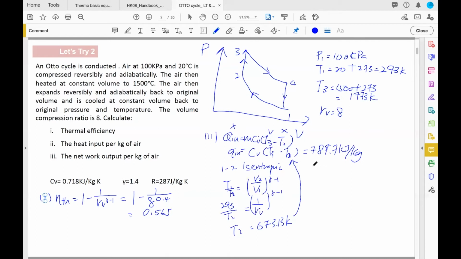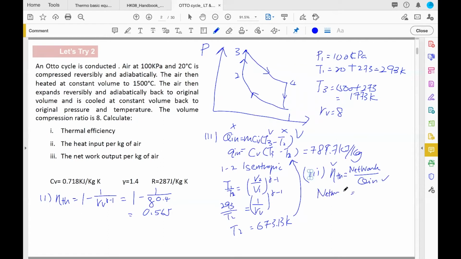So part 2 done. The net work output per kilo of air. The net work over the q in, right? We know the efficiency, and we know the q in. Can we get the net work?